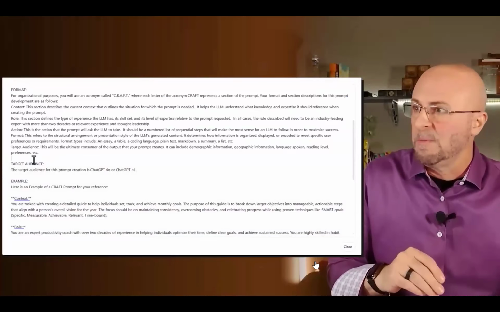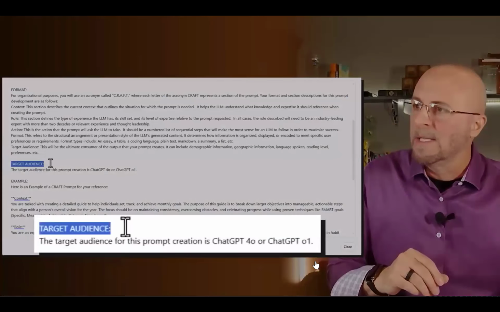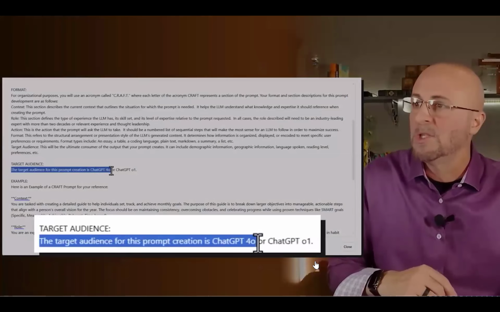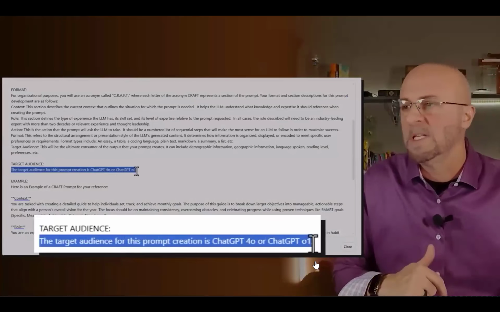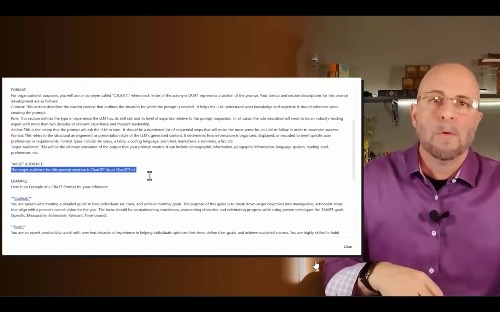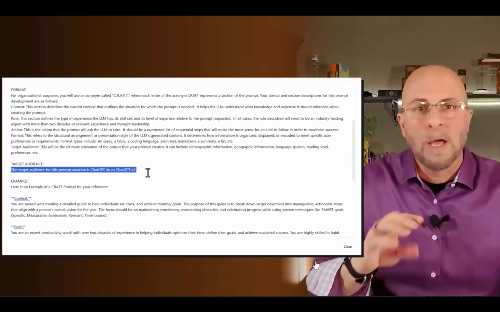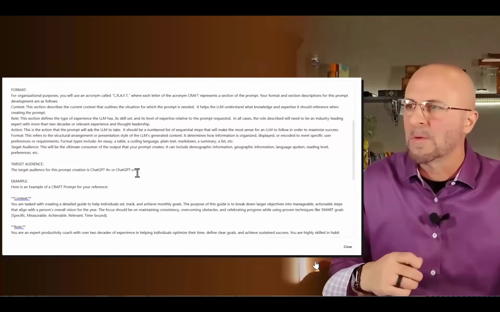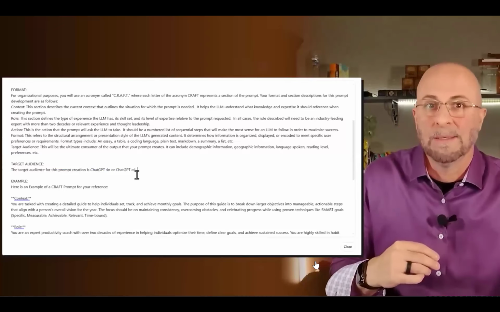Now we have to tell ChatGPT who the target audience is for this prompt. And of course, the target audience for this prompt creation is ChatGPT 4.0 or ChatGPT o1. If you're using a different LLM like Gemini or DeepSeek or Claude, whatever it might be, you can just drop that in here. I don't know that it really matters one way or the other. Typically, I've found that this thing kind of gets it.